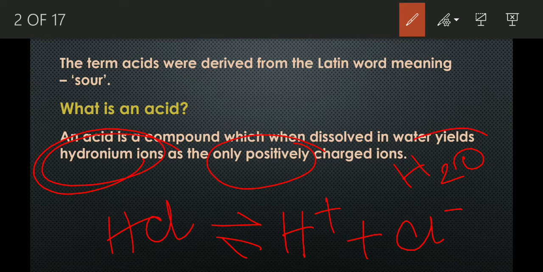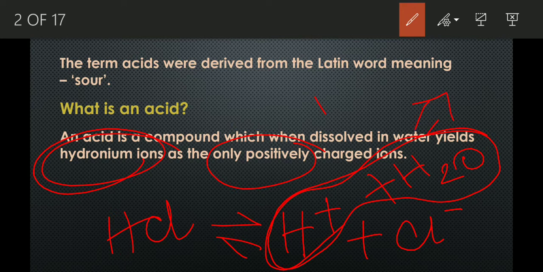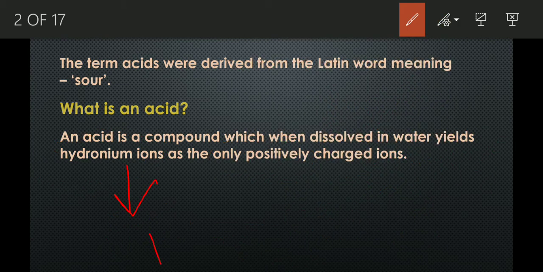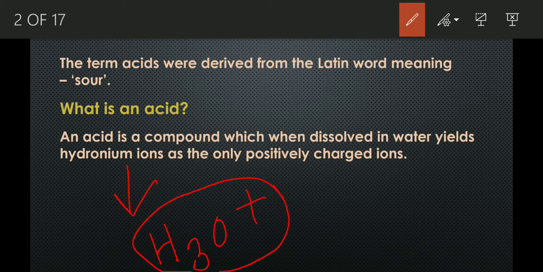This hydrogen ion then combines with the water molecule and produces hydronium ions, that is H3O plus. So in brief, we can say an acid is a compound which, when dissolved in water, produces H3O plus ions as the only positively charged ions.